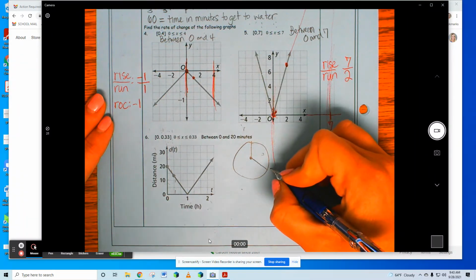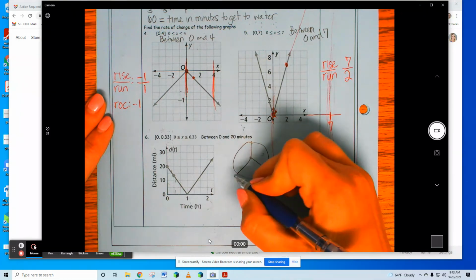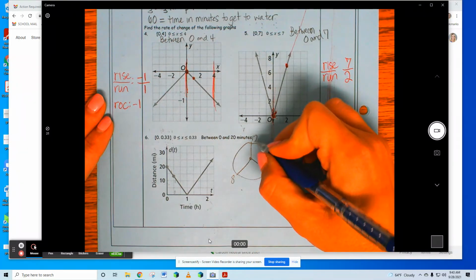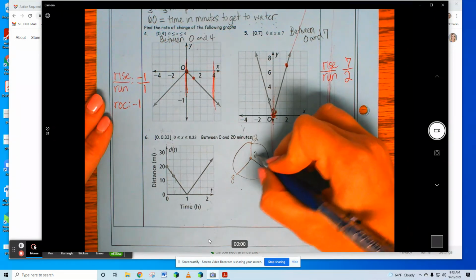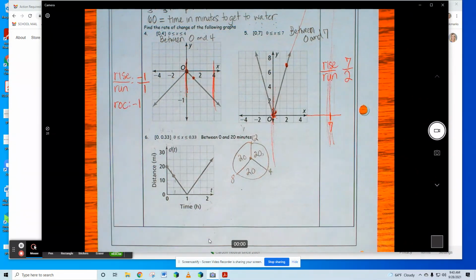This is the 4. This is the 8. And this is the 12. Every section is 20 minutes. Doesn't the clock make 60 minutes?